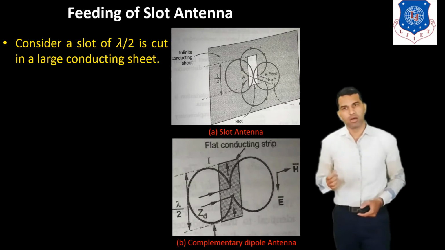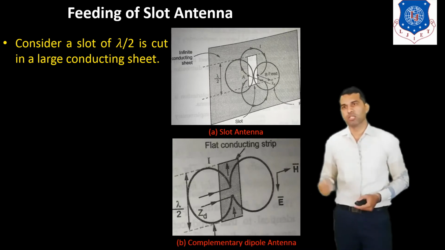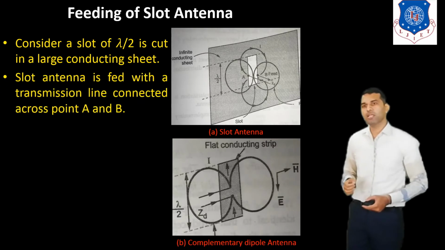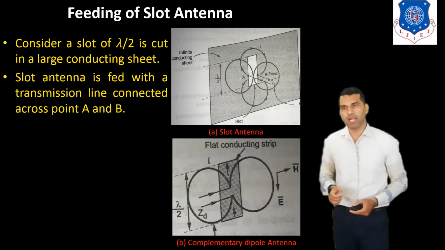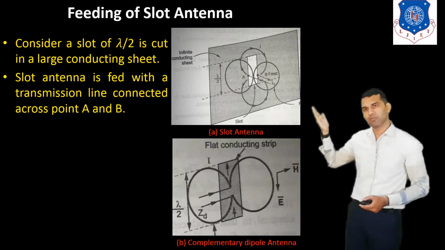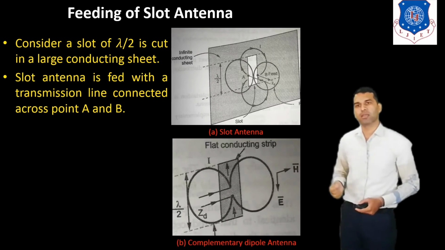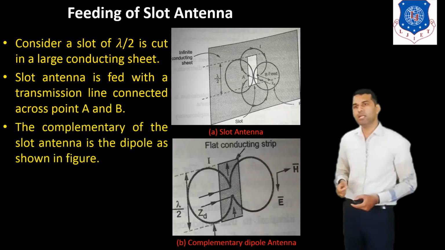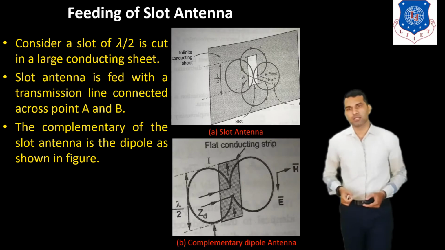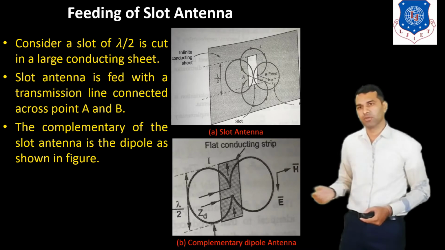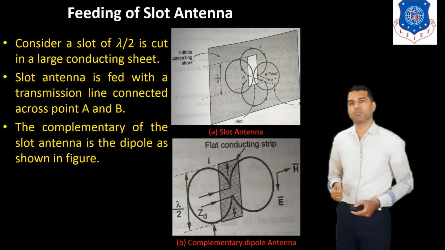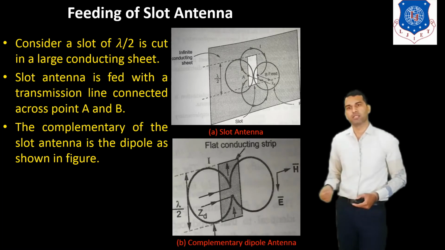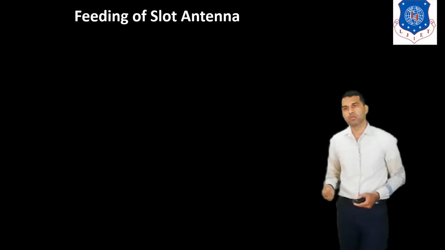The slot antenna is fed with a transmission line connected across the points A and B. So here we have given the supply at points A and B. The complementary of the slot antenna is the dipole as shown in the figure. This is nothing but the dipole.